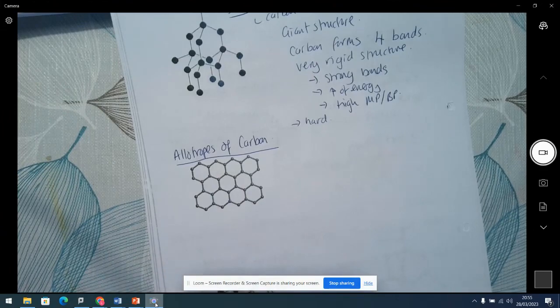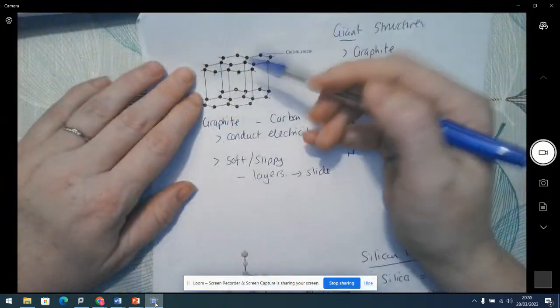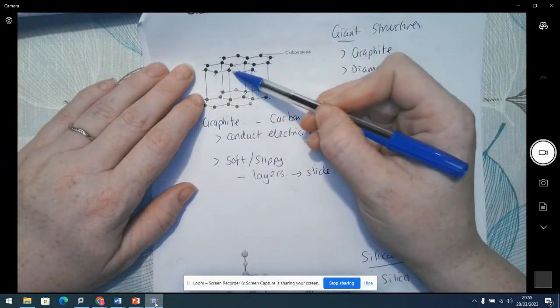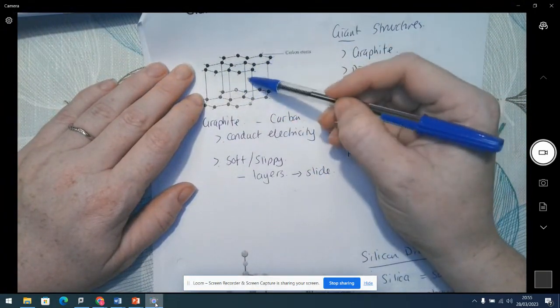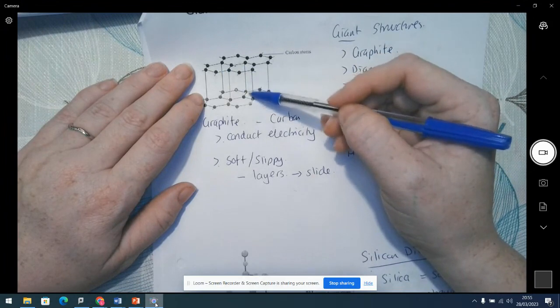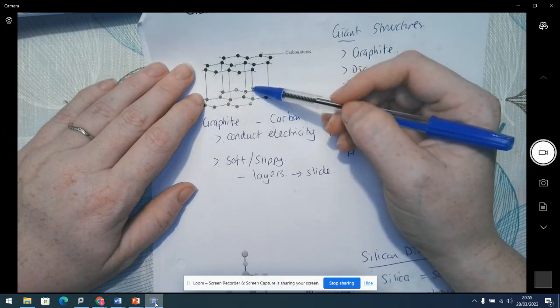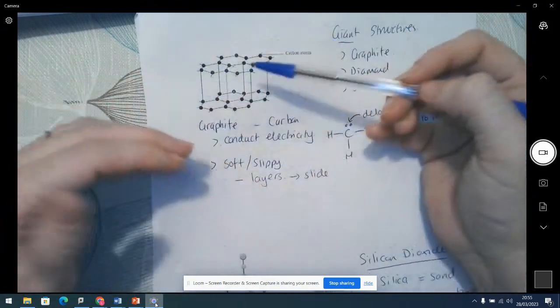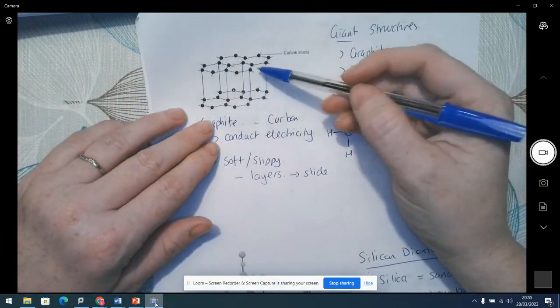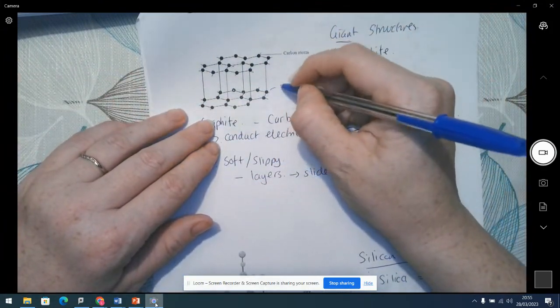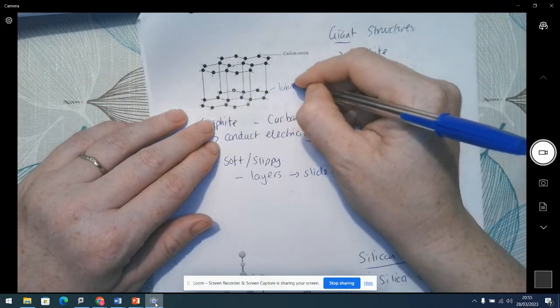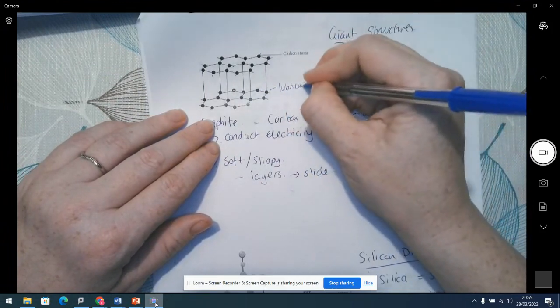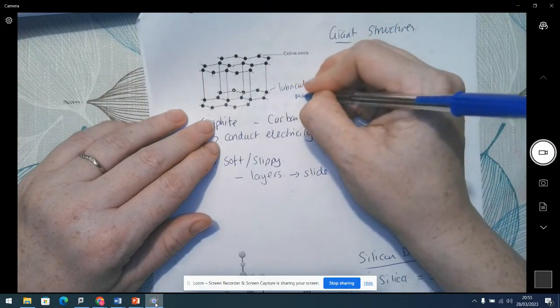And between the layers, I'm going to go back to the picture just to show you. So here are my hexagon structures that form these layers. Between these layers, these are weak bonds, but as I said, that's what allows it to slide, which is why it's soft and slippery. It's often why graphite can be used as a lubricating material. So just be aware of that.